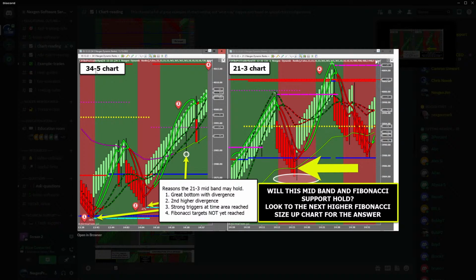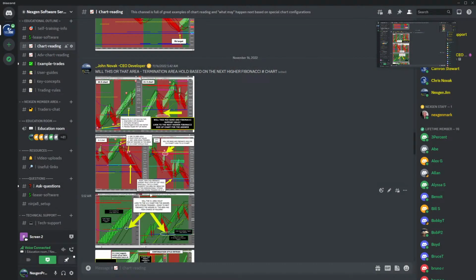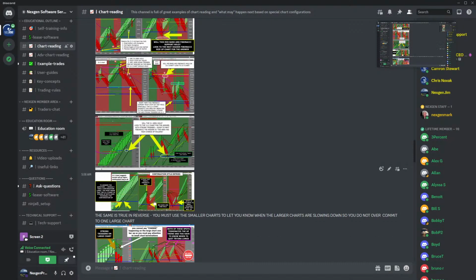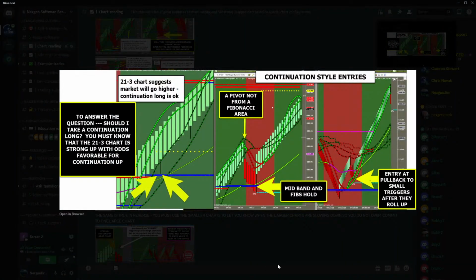And that's all we're doing. This is a 34.5, 21.3 chart combo. See if I have a different one here. This is a 13.2 strong trigger midband fib combo. So a 13.2-5.1 combo. This one is a 21.3 strong trigger, which says the midbands and fibs should hold.